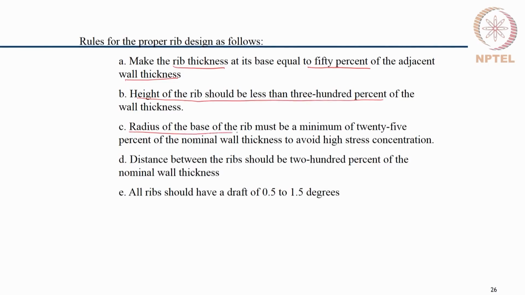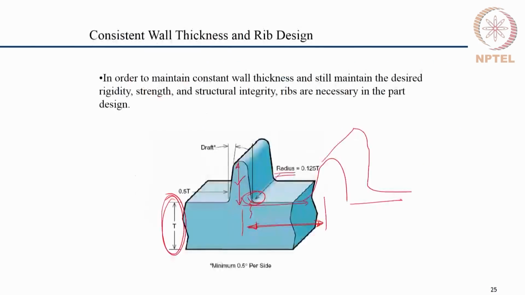The radius of the base should be minimum 25 percent, and distance between the ribs should be 200 percent, and so forth. And there is also a draft. So, this is the draft angle, this angle is the draft angle. This helps in removing the component from the mold.